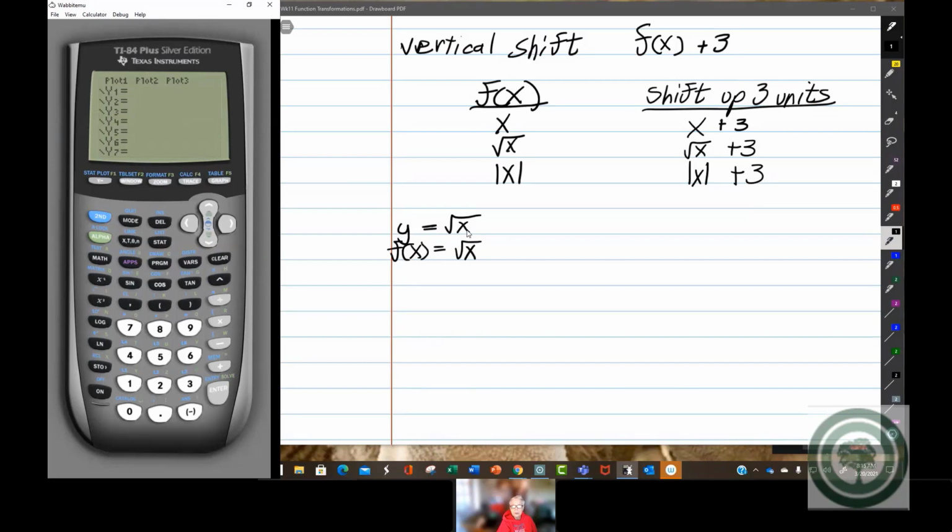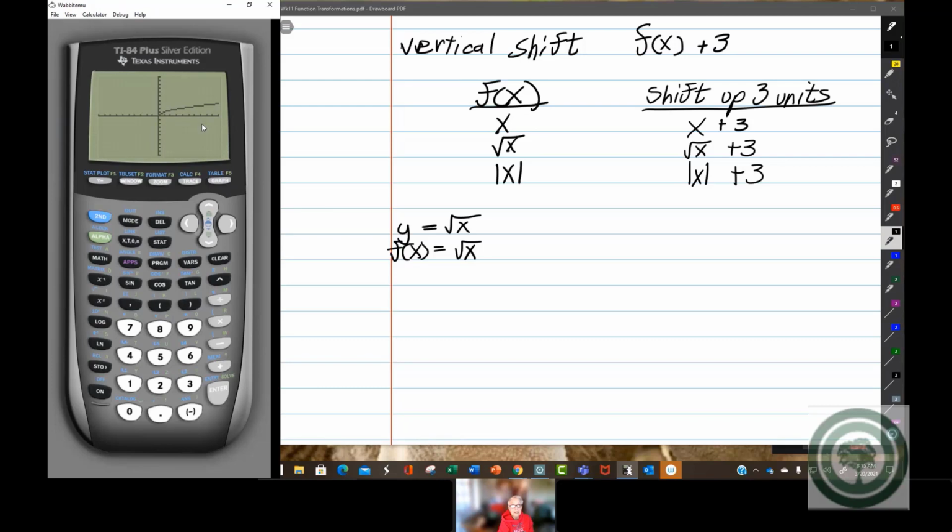Here's Y equals the square root of X in its home position. Oops, I don't want it there. Okay, there's Y equals the square root of X in its home position.